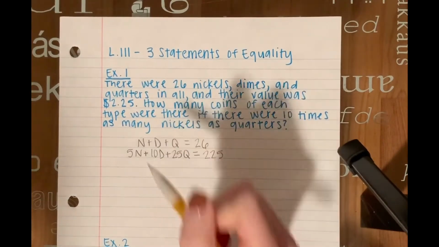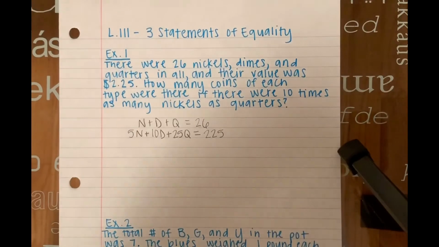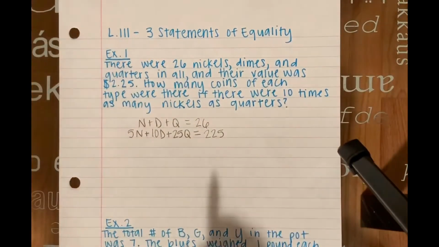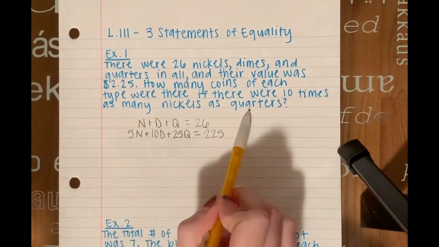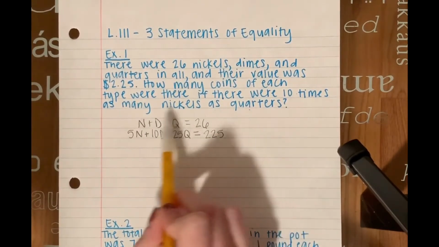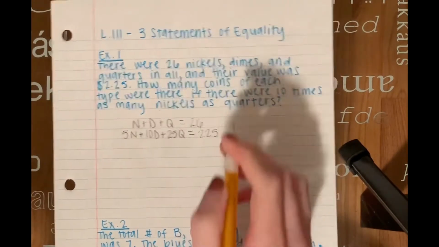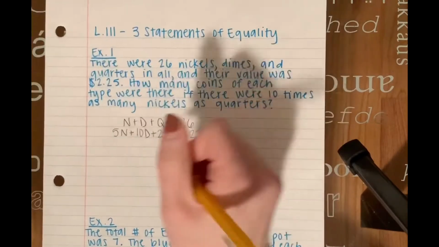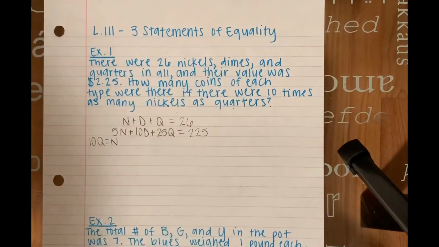I'm writing them in the same order every time so that it's easy to make our matrix in just a second. Then our third equation, it says there were 10 times as many nickels as quarters. There's more nickels, so we need to balance out the quarters. So that would be the same thing as saying 10Q equals number of nickels.